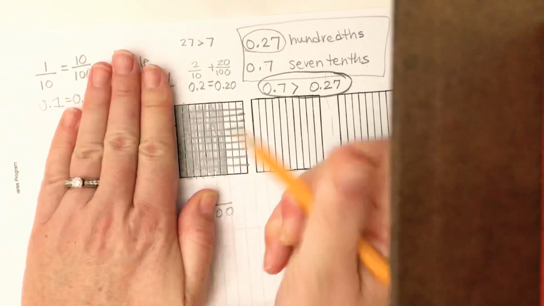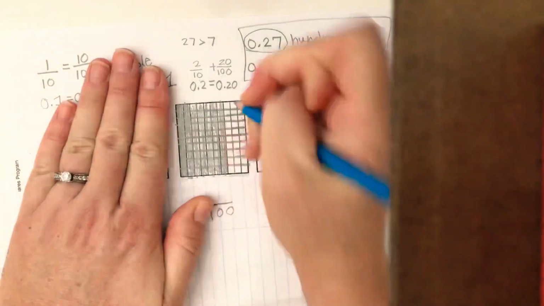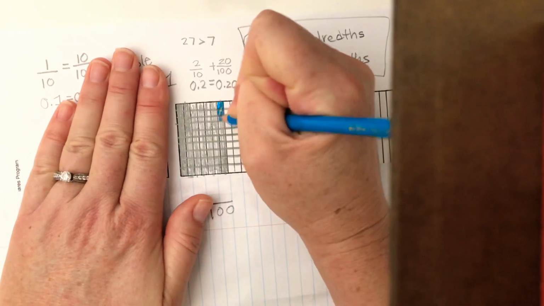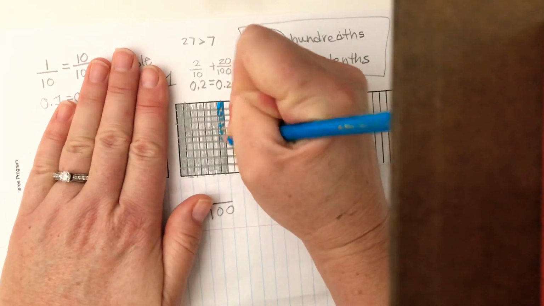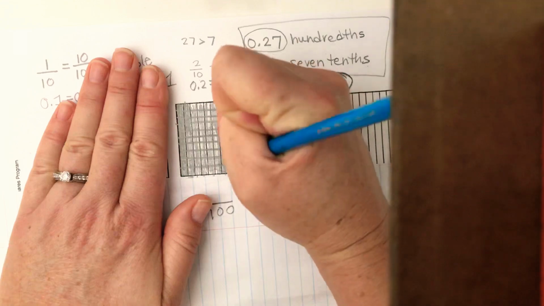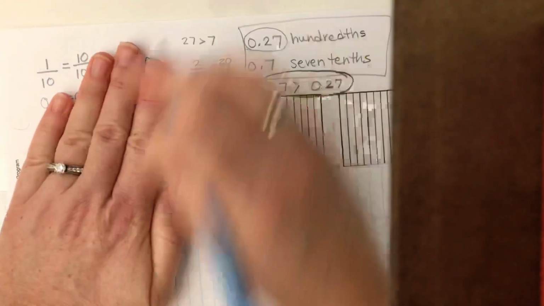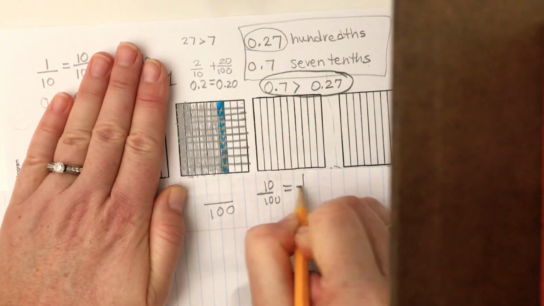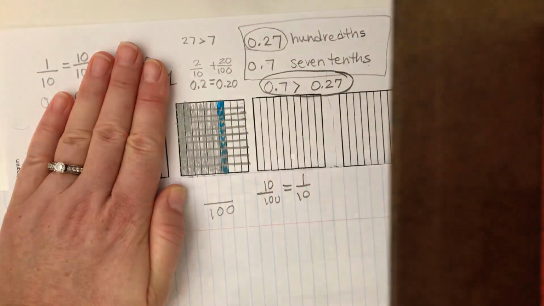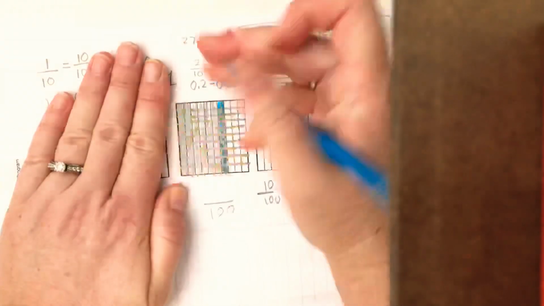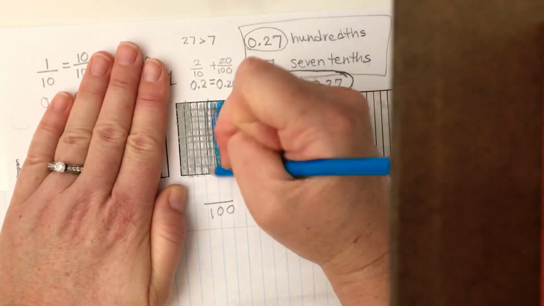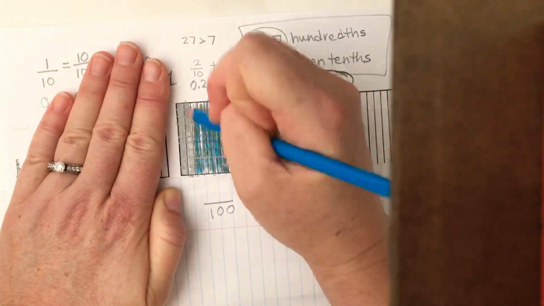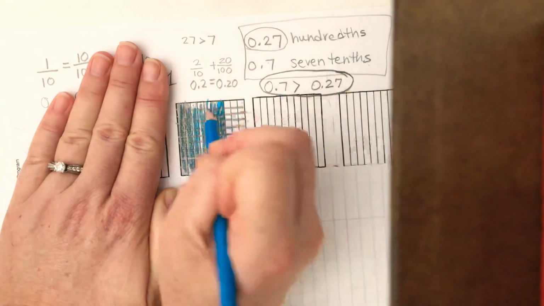And if we were to go back and count how many are shaded, this would be 1 hundredth, 2 hundredths, 3, 4, 5, 6, 7, 8, 9, 10 hundredths, which we know is equal to 1/10. So now this would be 20 hundredths, 30 hundredths, 40 hundredths, 50 hundredths, 60 hundredths, 70 hundredths.